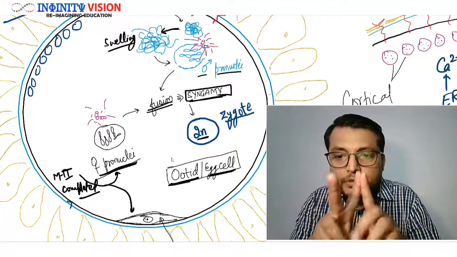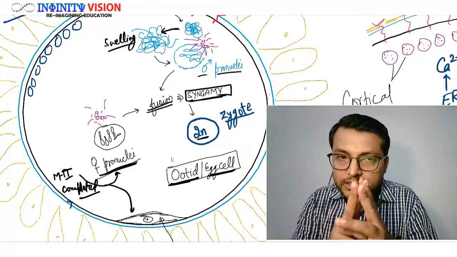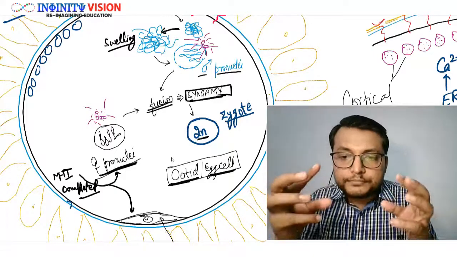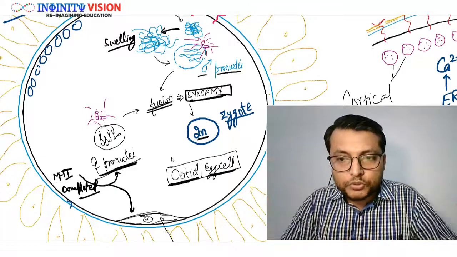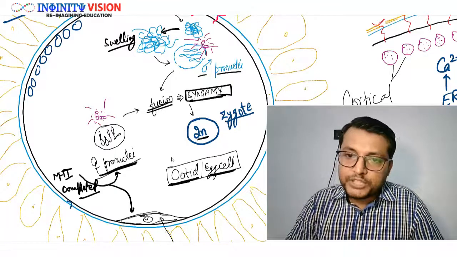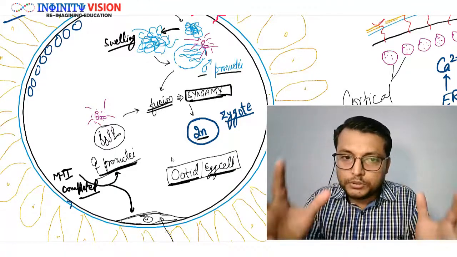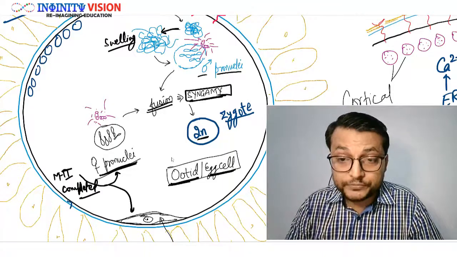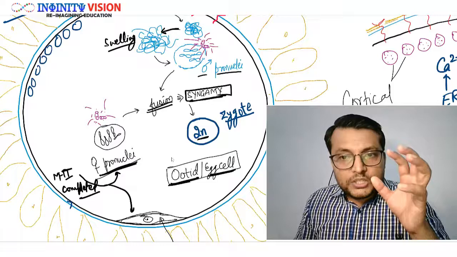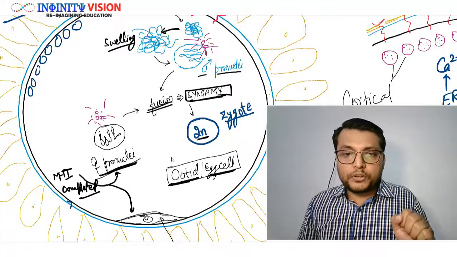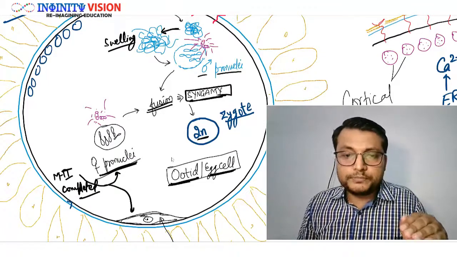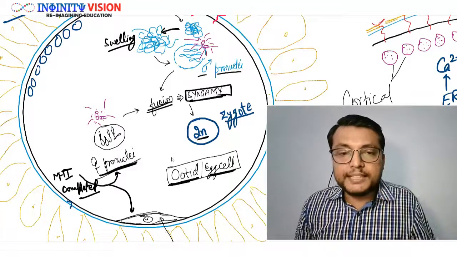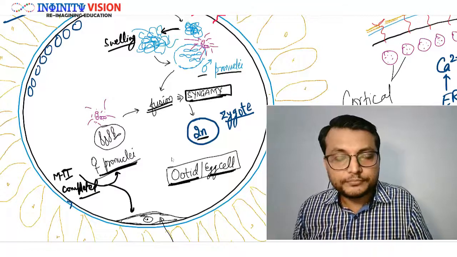So all these 23 chromosomes will pair up, and a total of 46 chromosomes will be found in the zygote. This ootid cell after fertilization will be called zygote, right? Out of these 23 pairs of chromosomes, 22 are autosomes and one pair is allosome, that is X and Y. Great.